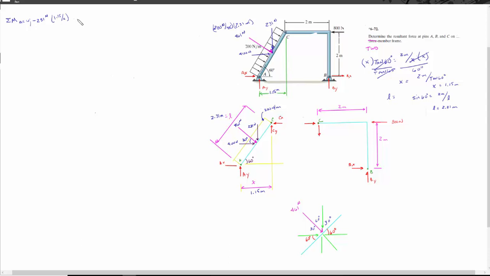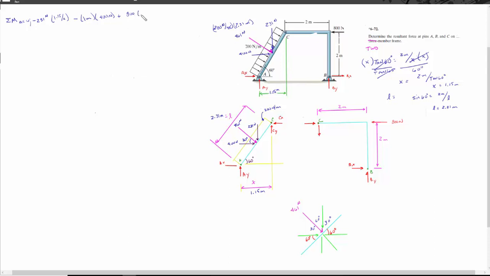And then we're going to subtract this 400 newton force, because it's also making this beam rotate around point A in a clockwise motion. That's going to be times 1 meter. Because if this is 2 meters and this is acting in the center, we know that we'd be going up 1 meter. Plus, 1 meter times 400 newtons, plus this 800 newton force, because it would have a tendency to rotate about point A in a clockwise fashion.